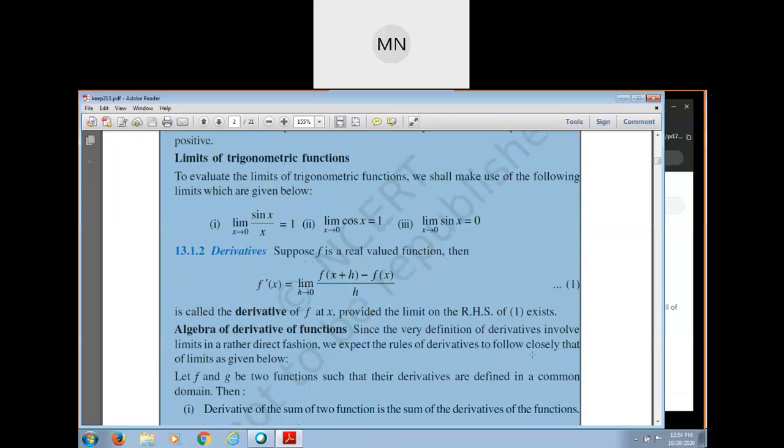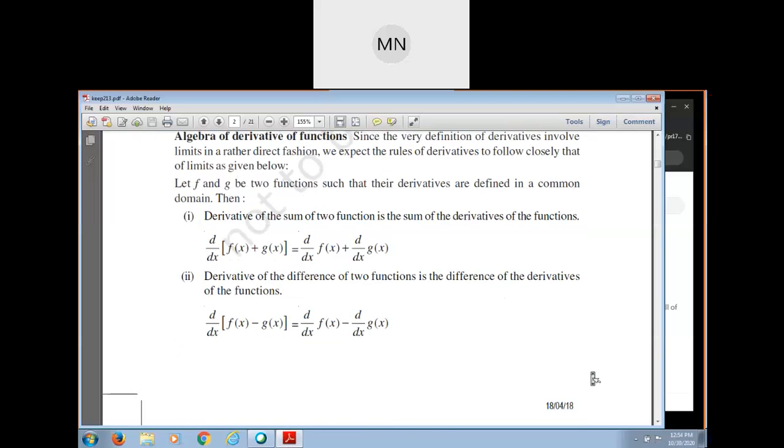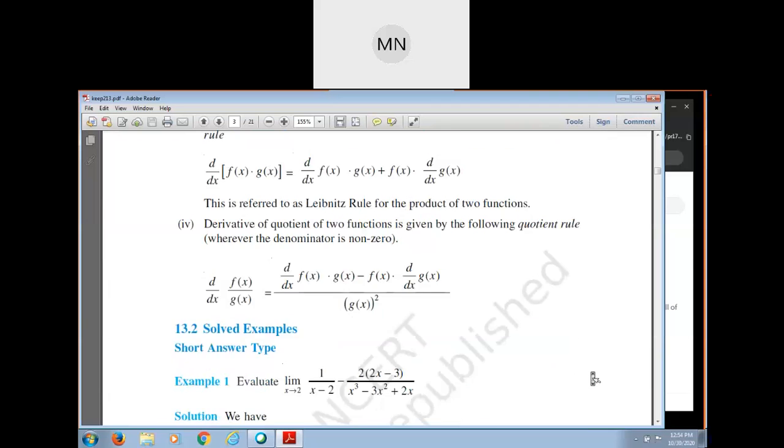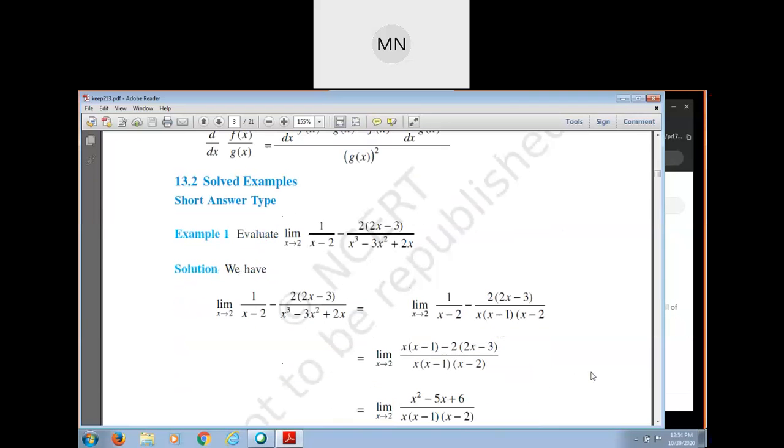Now take an example. Evaluate the limit as x tends to 2 of 1 divided by x minus 2, and this one. See that problem. In some problems for the polynomial function, we directly put the limiting value.